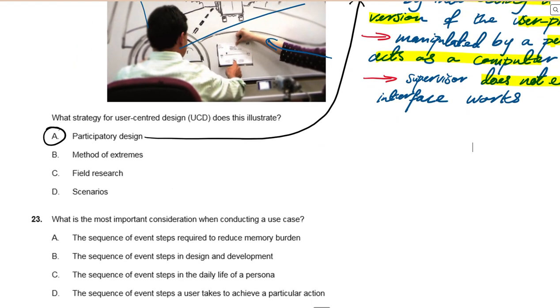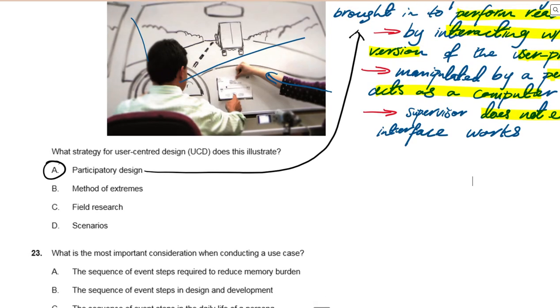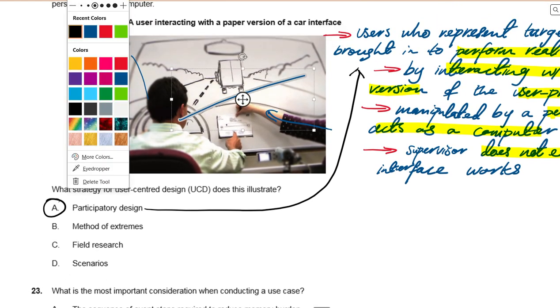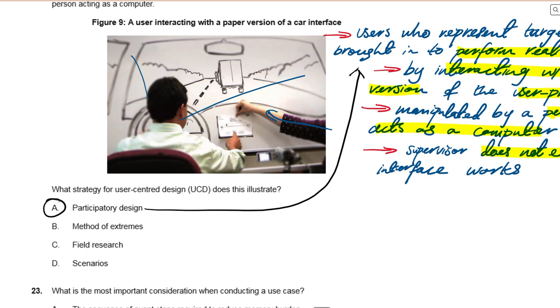Okay, next is method of extremes. This is the one option I think none of you would be choosing, or I hope none of you would be choosing. Method of extremes is part of user-centered design, right? It's essentially where we want to find people in the lowest percentile and the highest percentile.